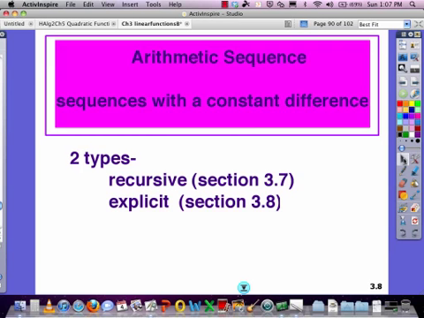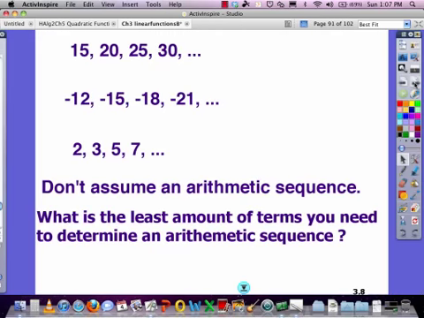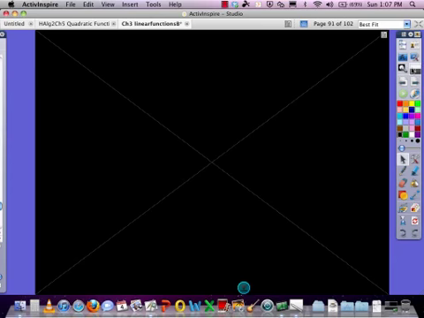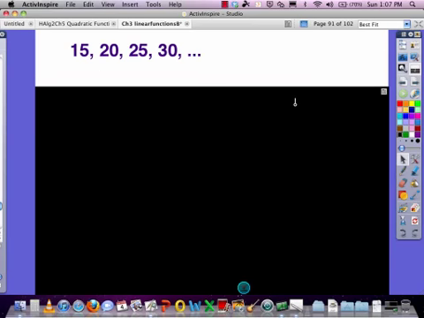But we're still working with arithmetic sequences. As we move forward, let's look at these sequences one at a time and decide: are they arithmetic? That's your question. Start looking at them and noticing that difference.